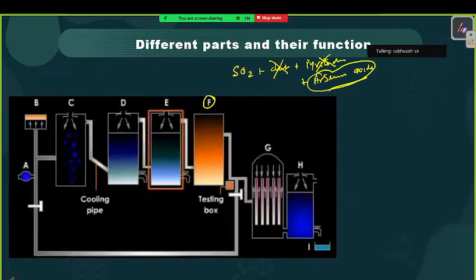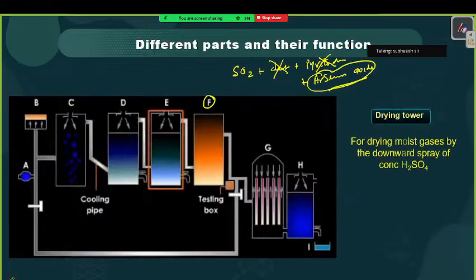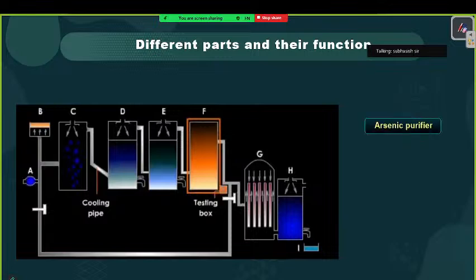And after that, E, the drying tower, where the gases are dried by the use of concentrated sulfuric acid. And after that, the arsenic purifier, where arsenous oxide is removed by passage over ferric oxide or ferric hydroxide.